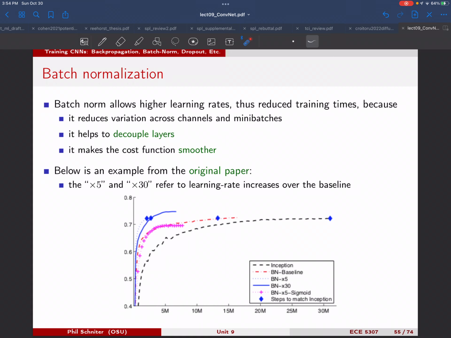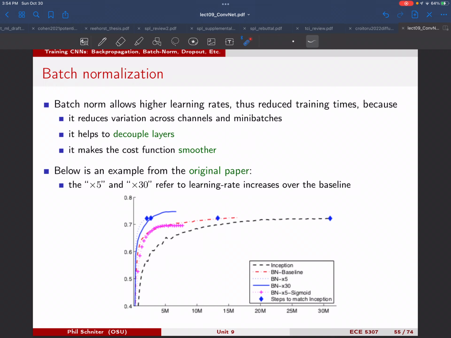about why it works. Some of these are kind of intuitive, some maybe less intuitive, but you can show with enough analysis that batch norm reduces variation across channels and across mini batches. So all the different channels behave similarly, and over different mini batches, things behave similarly.